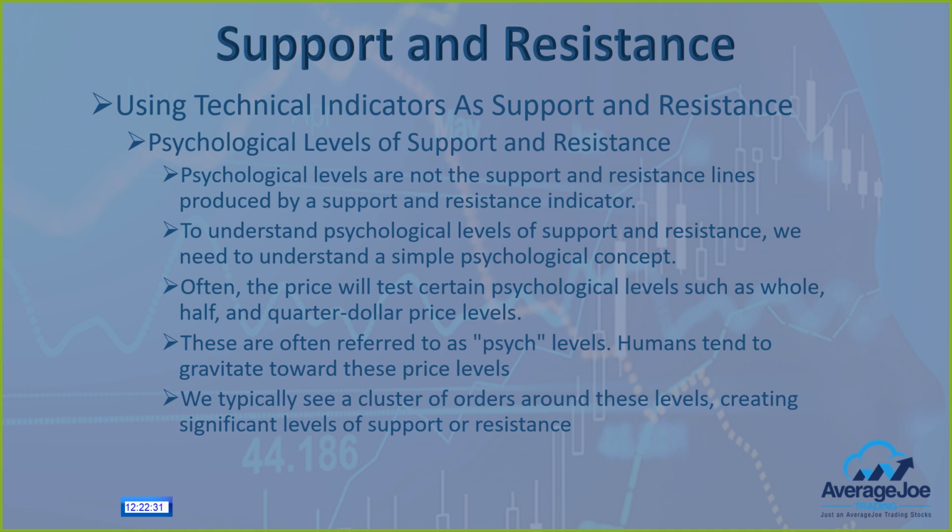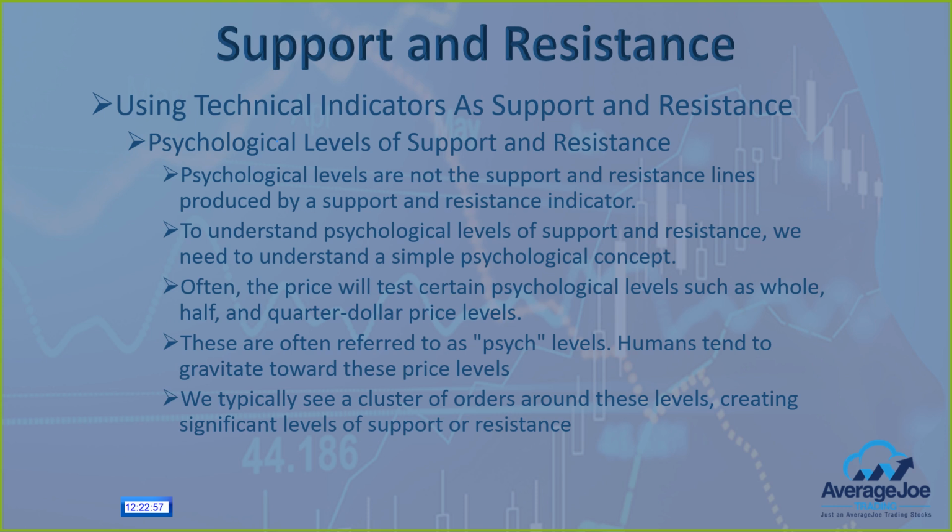It's the option chain. So often the price will test certain psychological levels, like whole, half dollars, even quarter dollar marks sometimes. But these are often referred to as psych levels. Humans tend to gravitate toward these prices, whole and half dollar numbers.